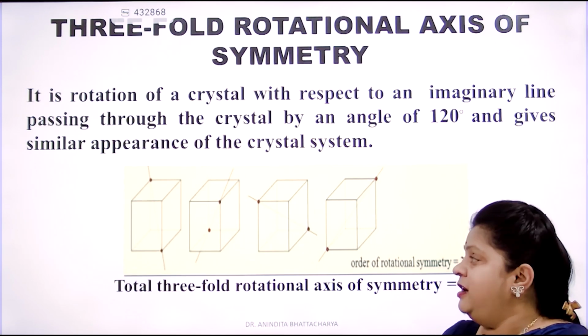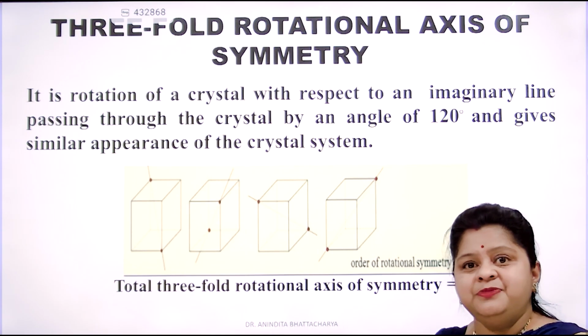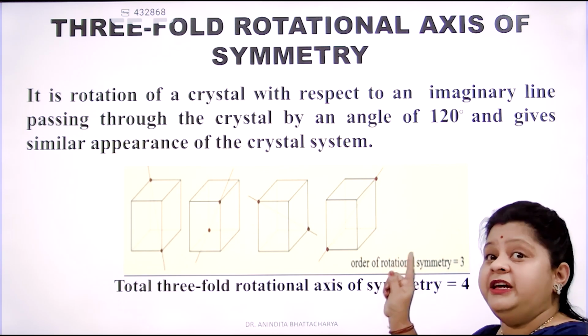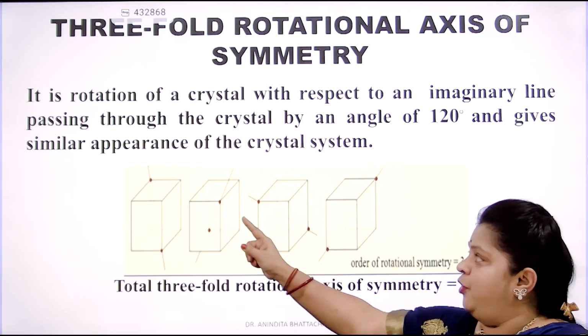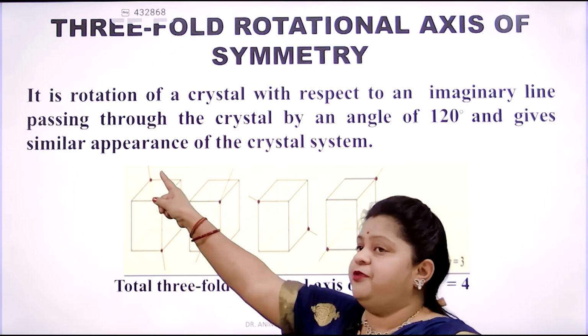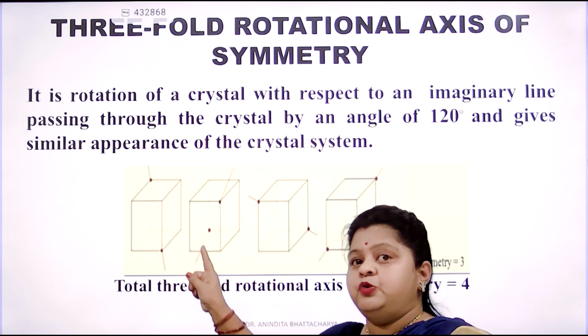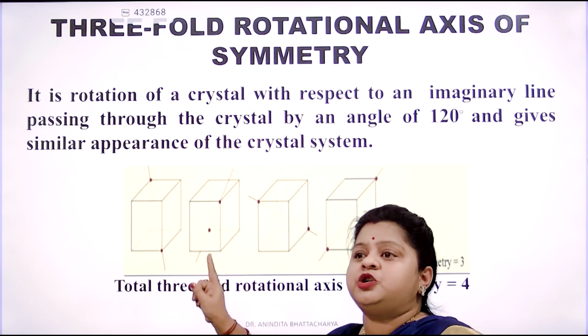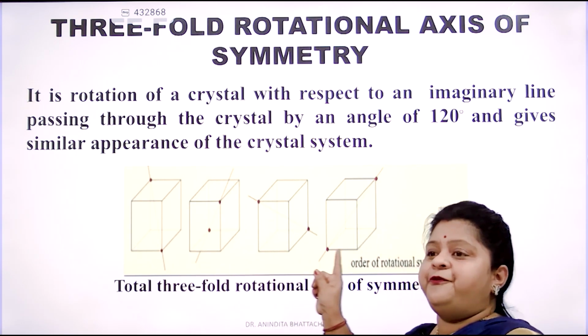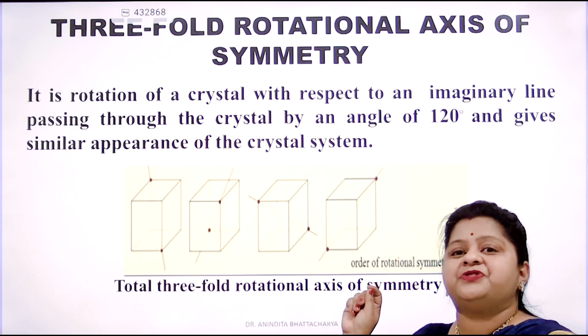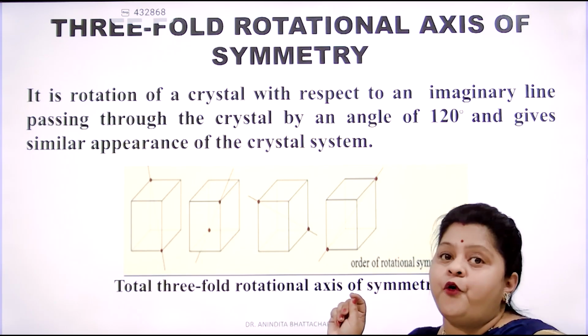So it will move how many times? 3 times. Order of rotational symmetry will be 3. But what are the axes? Now we were taking from the midpoint, but these are from the ends, from 2 opposite corners. We have 4. So the total three-fold rotational axes of symmetry is 4.